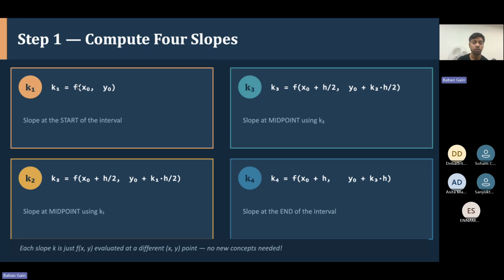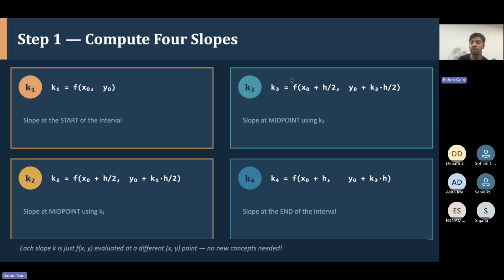If you have some equation, K1 you get by using the initial point of X and the initial point of Y. After getting that, you use that slope to get the value at the midpoint, and using that you get the slope K2.